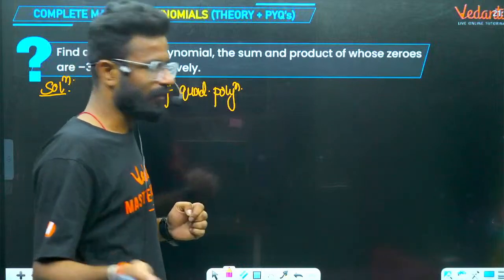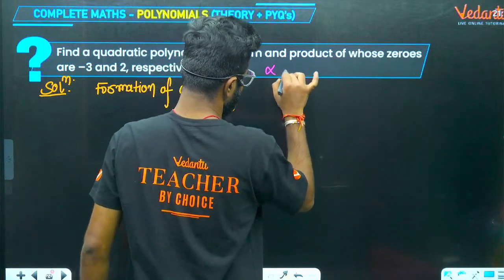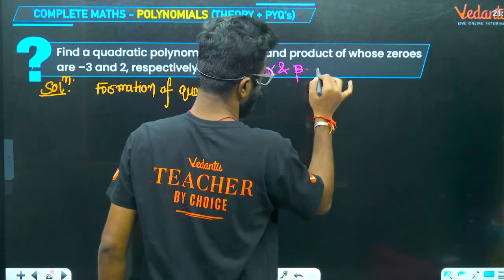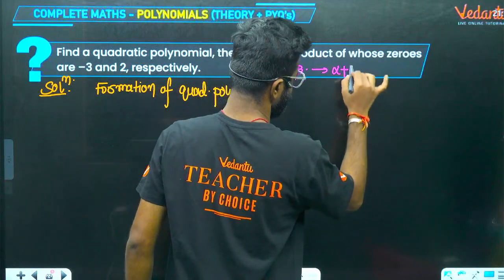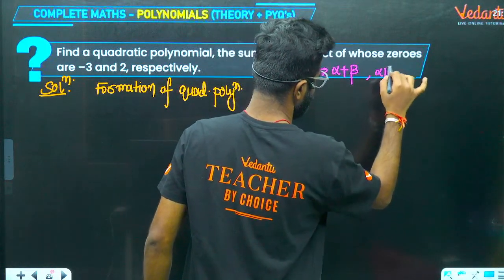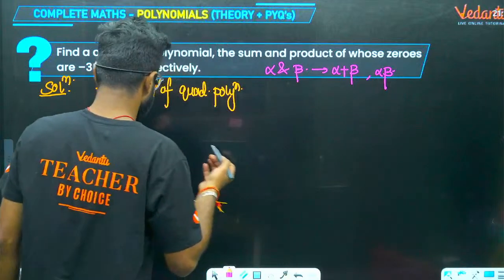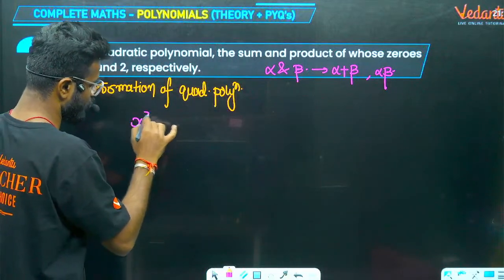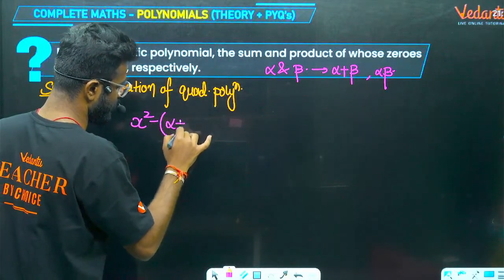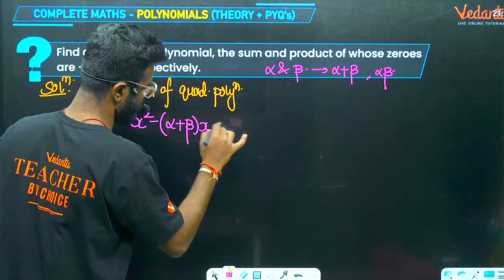If the question gives you alpha plus beta, that is your sum, and alpha beta, that is the product of zeros, then simply we have the formula x square minus alpha plus beta into x plus alpha beta.